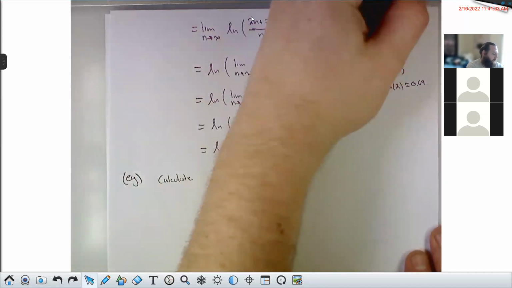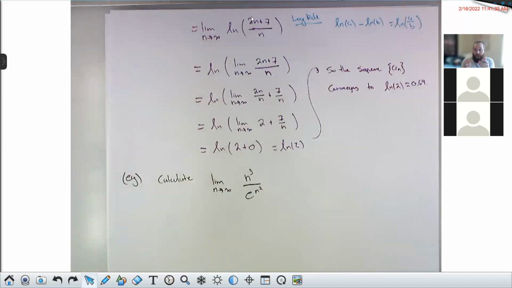There is no rule that tells us subtraction inside a logarithm is the same as anything else outside, just that subtraction outside is the same as division inside. So having the logs, like log of 2n plus 7 minus log n, isn't the same as log of 2n plus 7 minus n.